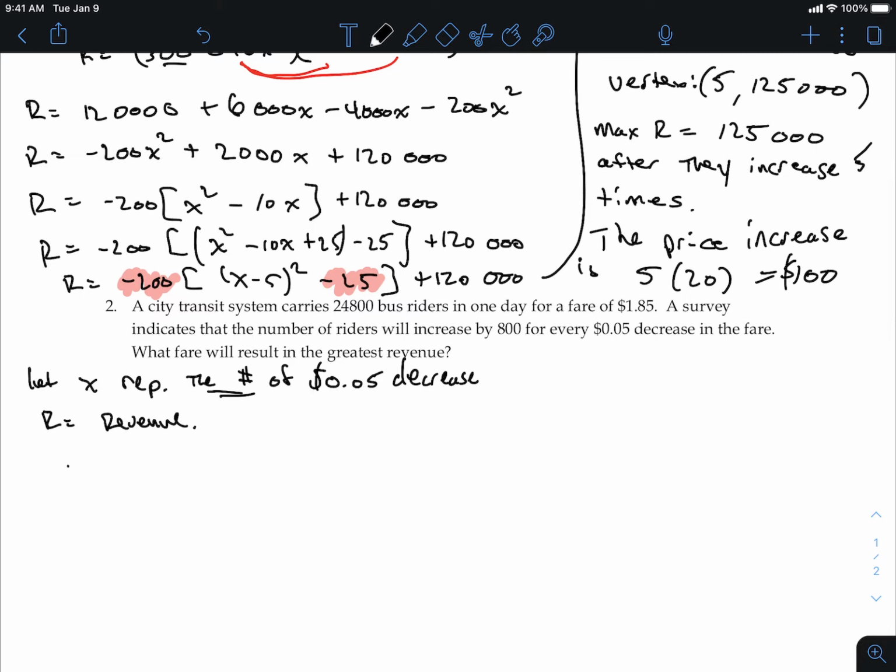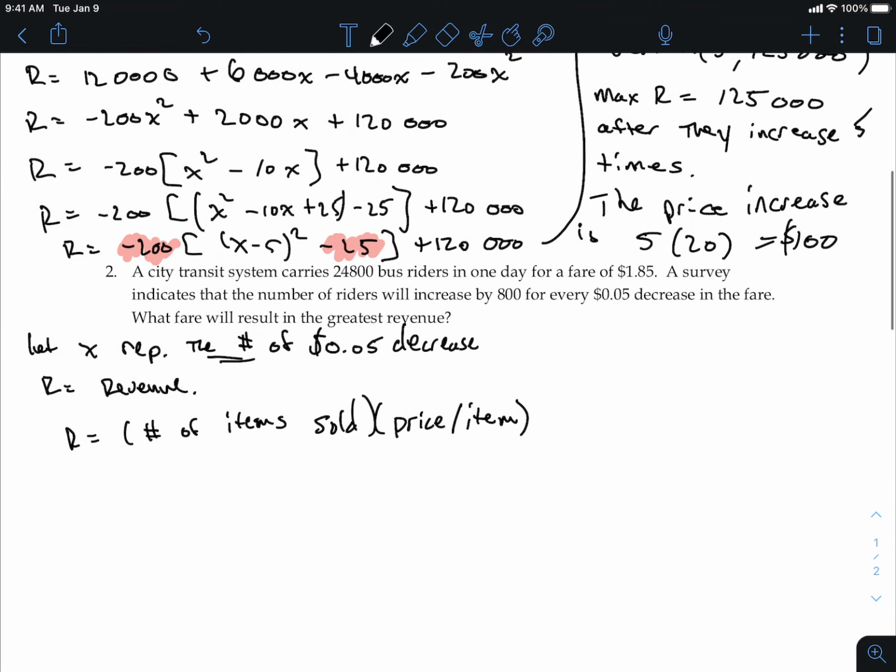I don't know if it's a good habit, I always write out R is equal to number of items sold times price. You guys can write this down or not. I think it's useful because it puts me in the mindset of writing the equations. So then you just fill in the blanks.